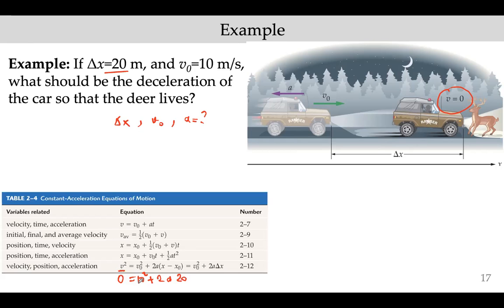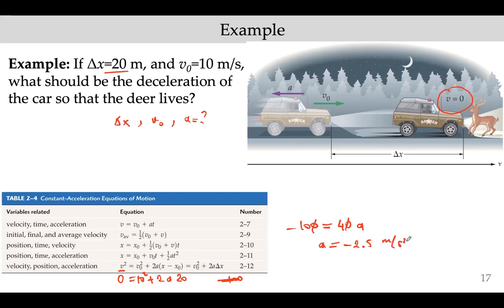So this is 100, put it on the left-hand side as negative, so negative 100 equals 40a.